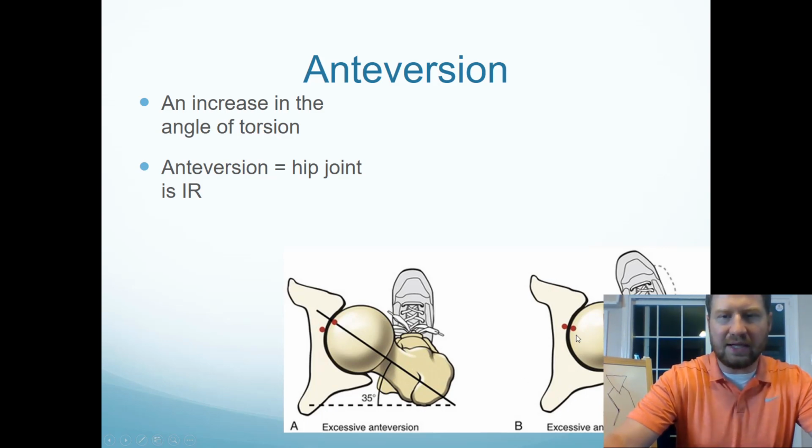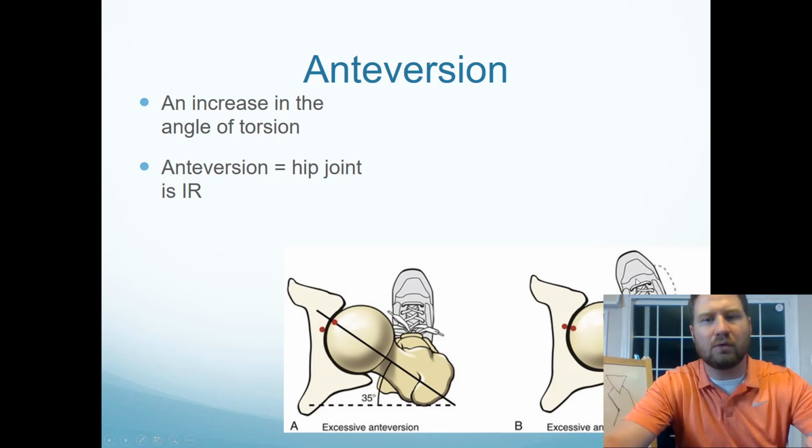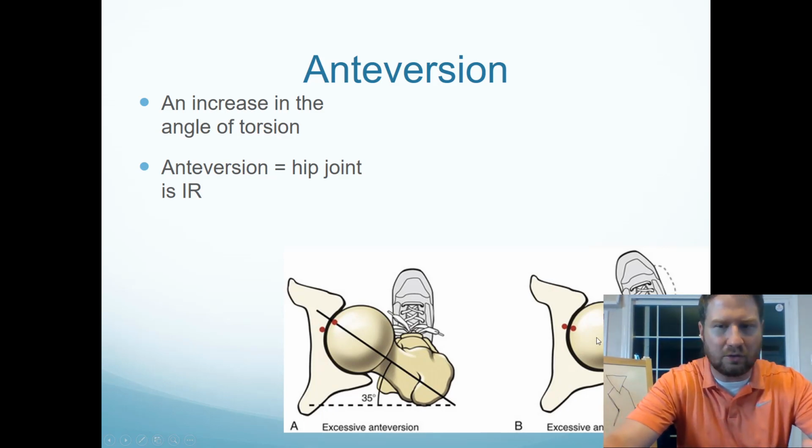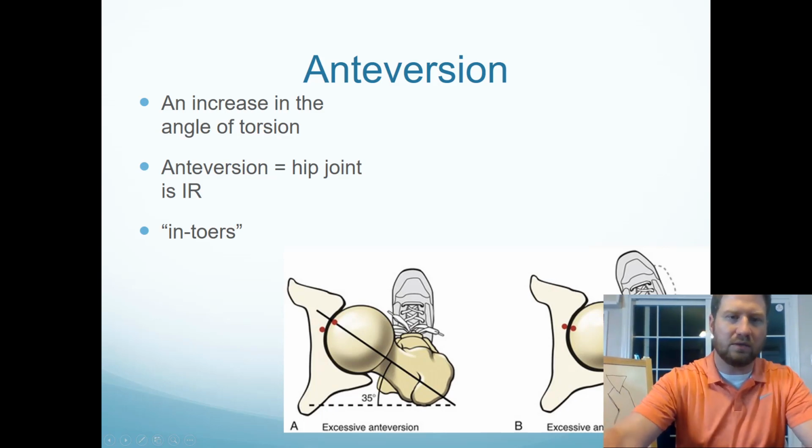Okay? I really like this drawing because it puts those two dots where that femoral head is going to come out of the acetabulum, usually. Okay? And then when that is, you're going to have a relative hip internal rotation, or I guess it would be kind of a pseudo internal rotation, because that hip's not in internal rotation, but it's going to appear like the hip is in internal rotation because you have a toeing in.